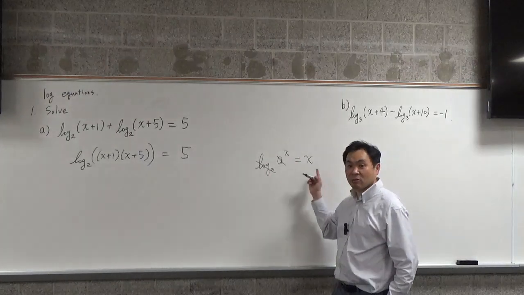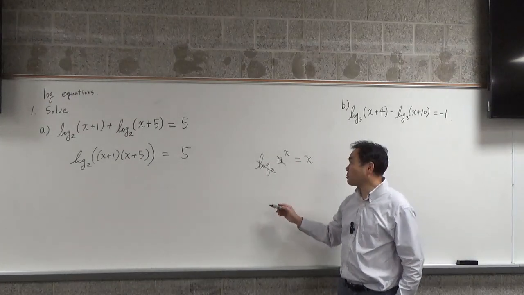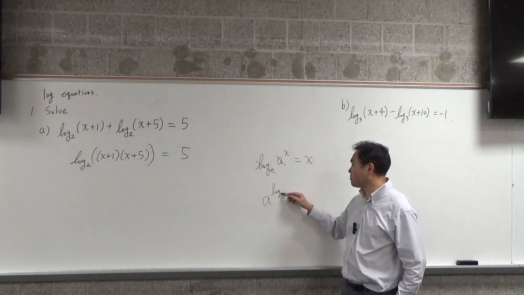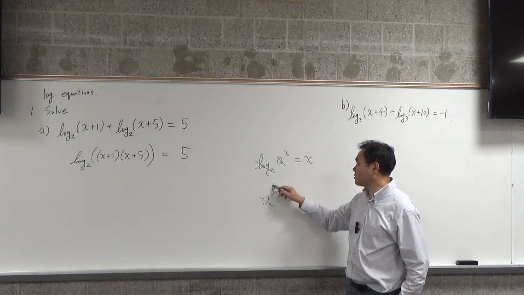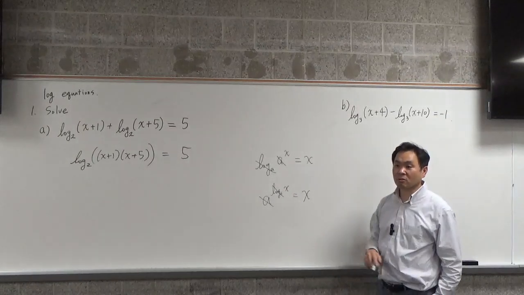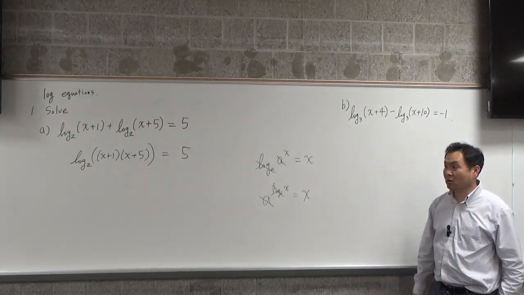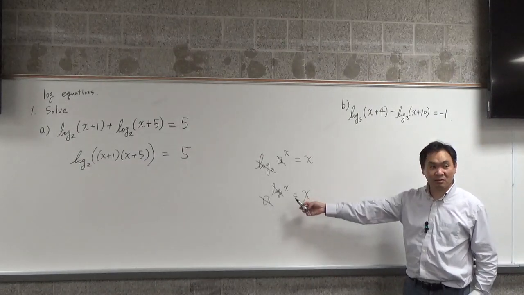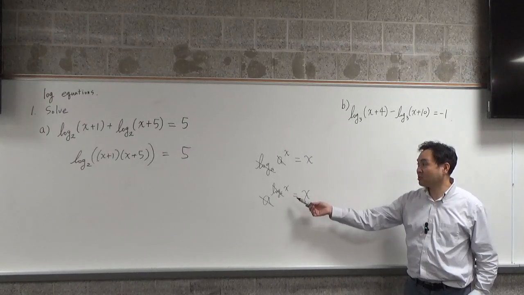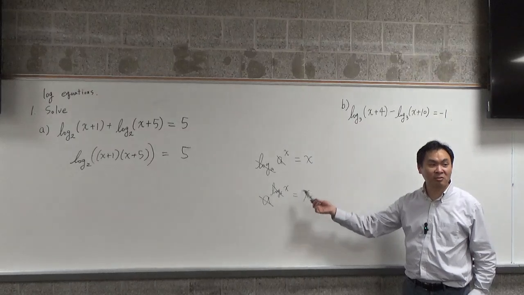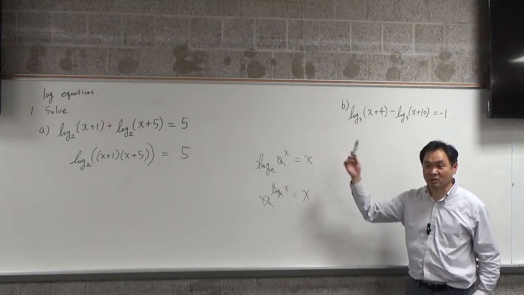We were using this a lot today, right? But there's another type of cancellation law where it says a to the log base a of x cancels like this, and you get x. Okay, so these two were the fundamental property of the log. If somebody asks what a log is, you can just answer that it's something that satisfies two cancellation laws against the exponential function. That's what log is. Okay.